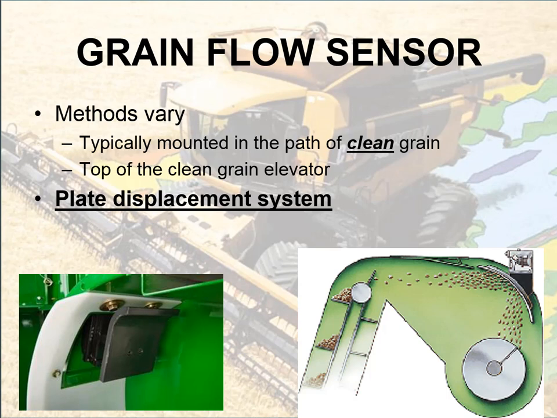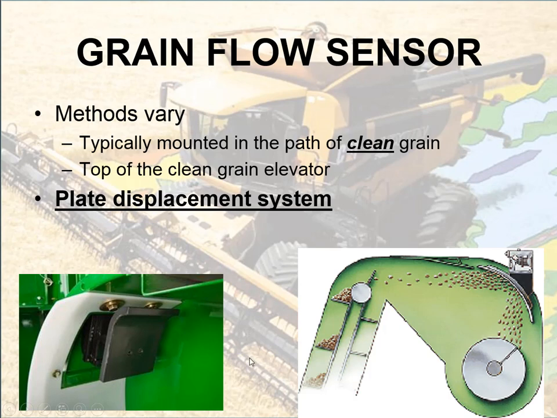The most common system we see out there is what's called the plate displacement system. And there's a couple images there to show that to you. You can see the image here on the left. I commonly refer to it as the catcher's mitt.